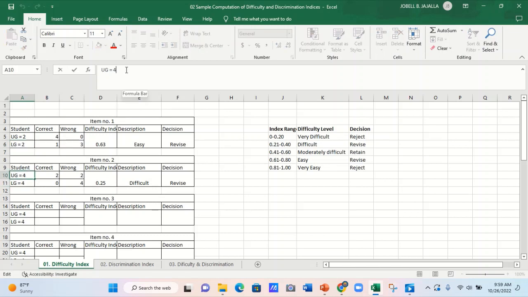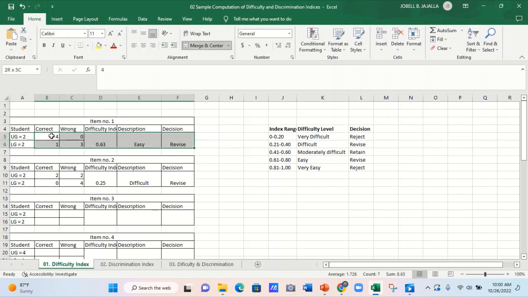So we will only try 3 items for item analysis, the item numbers 1 to 3. Then we clear this out to make room for the new computations. Okay.